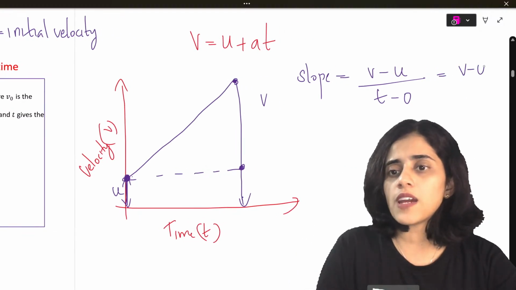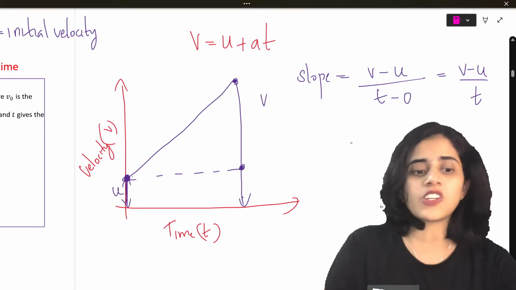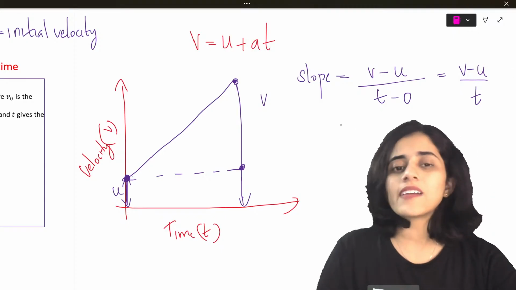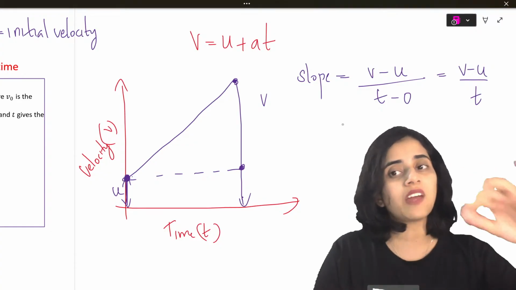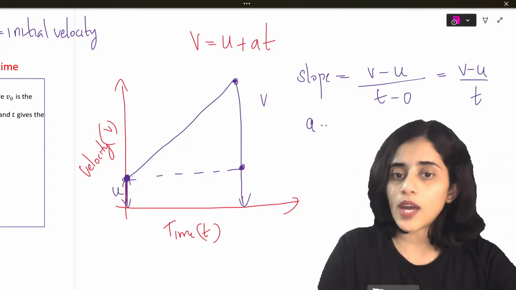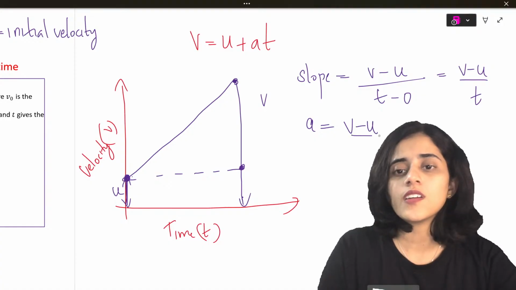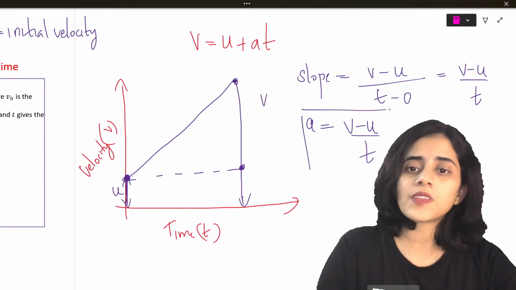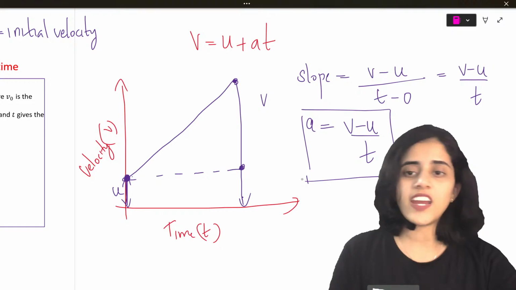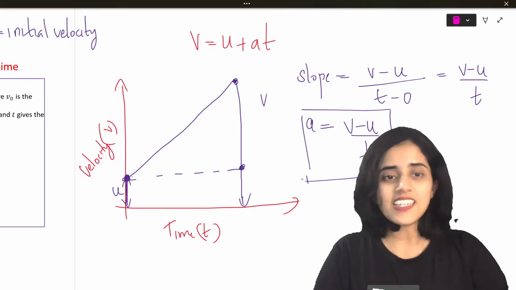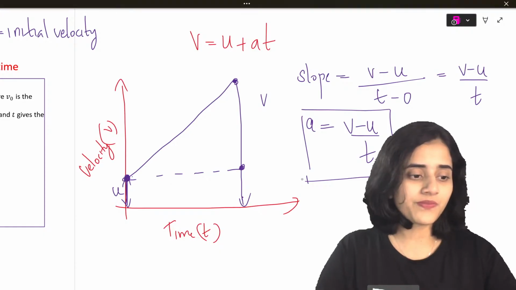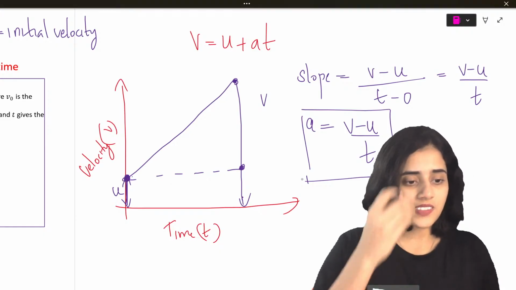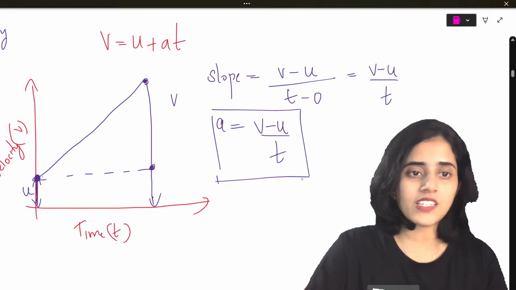So this is v minus u by t, or v minus v naught by t. We already learned that the slope of a velocity time graph gives you acceleration. So acceleration is equal to v minus u by t. Very easy.